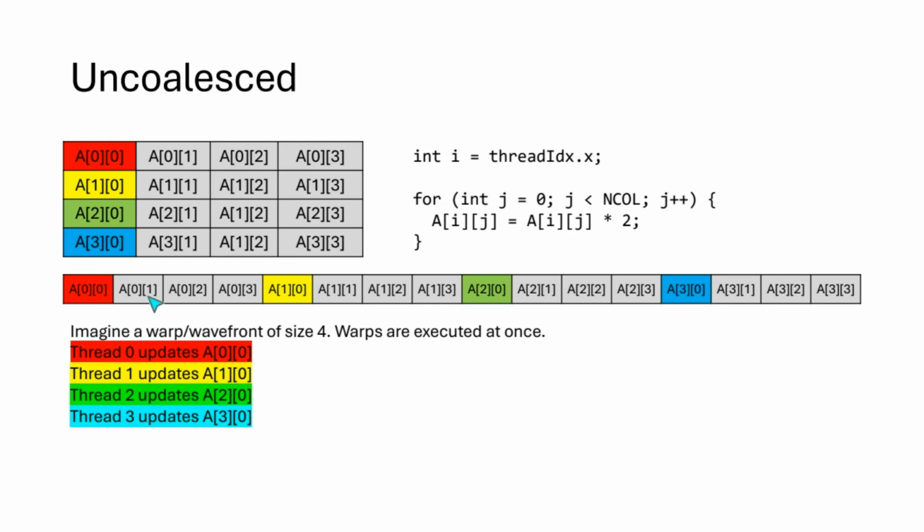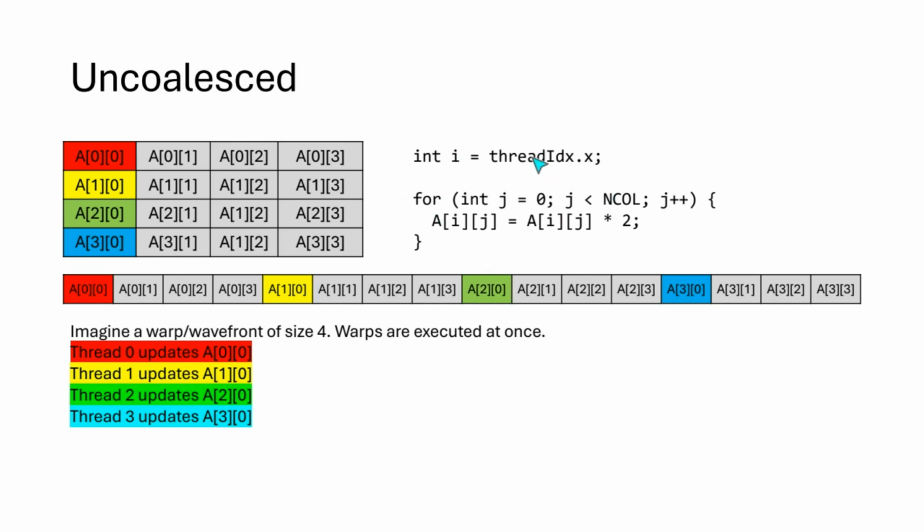And this is the distribution of this 2D matrix in memory. So we have the element 0,0, 0,1, 0,2, 0,3, and then we jump to 1,0, 1,1, 1,2, 1,3.